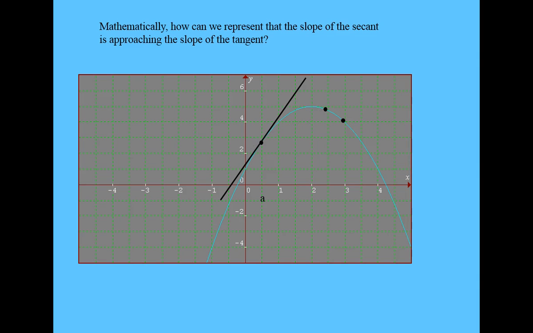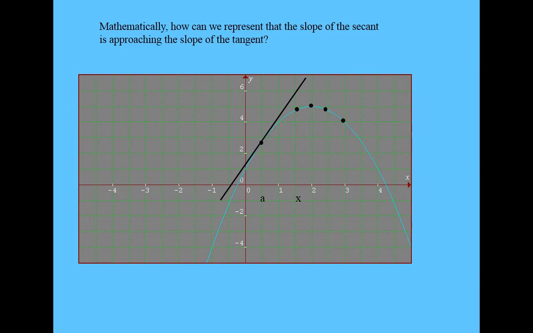And we saw we could repeat this process. We could find a point even closer to a. And notice, we are using points that are on the graph of this function. So we could find an x value and the corresponding y value. We created the secant line through those two points, and then we calculated the slope of that secant line.